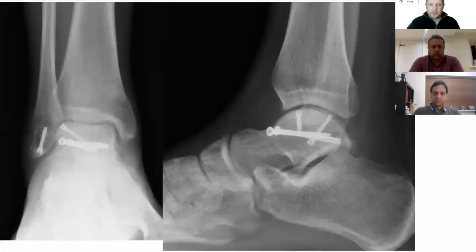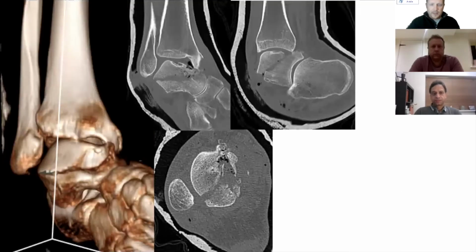By putting a Homan around the back of it to try and reduce the talus onto the posterior facet, it was quite obvious you could bring the talus almost out and rotate it out to get this visualization. This chap is now a good 4 years down the line and has done very well. And this case was back last year, a log splitter injury. A chap fell off scaffolding.